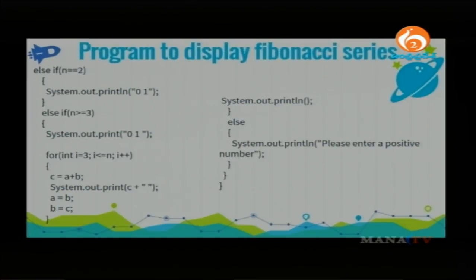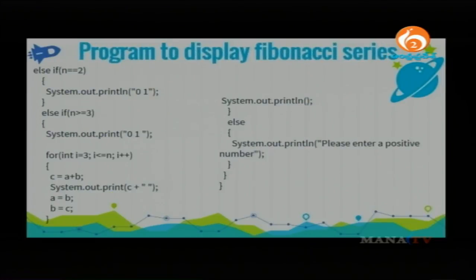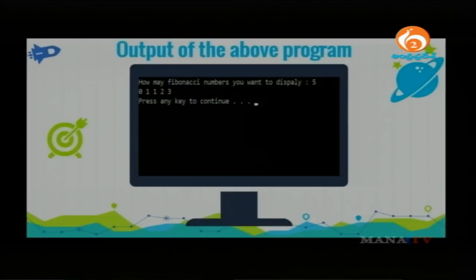As it is object oriented programming, declaration can be done anywhere. If I am developing this particular program using C language, I need to make sure that all the variables are declared at the starting of the program. Okay. So, this is my program which is generating this particular output. Depending upon the value you are providing, I want 5 Fibonacci series. So, 0, 1, 1, 2 and 3 is the output.